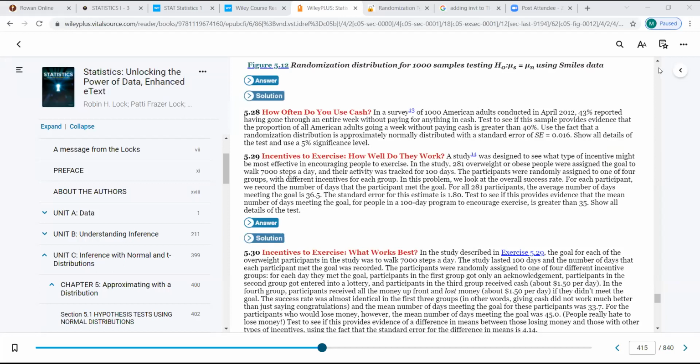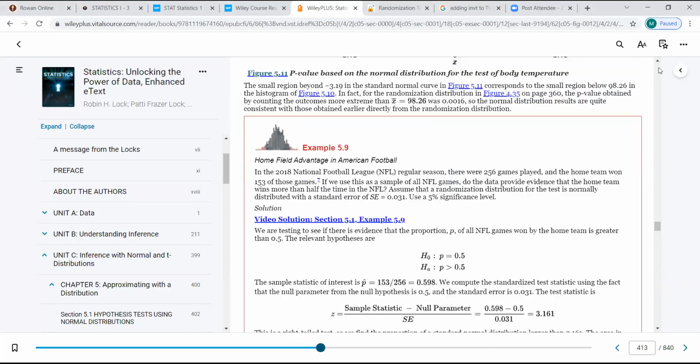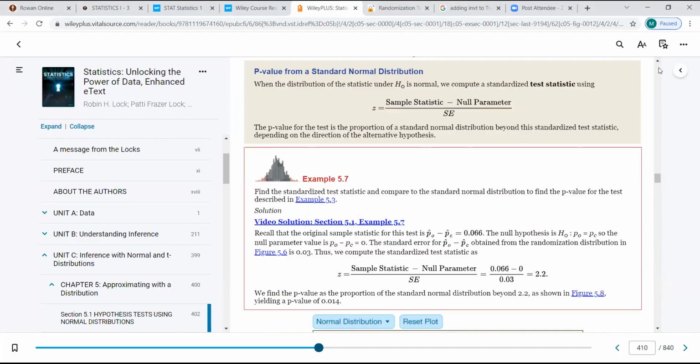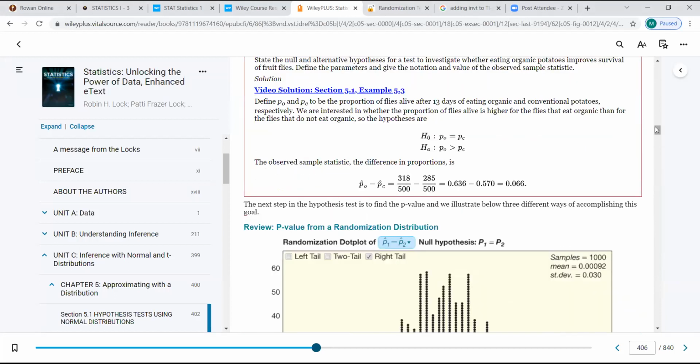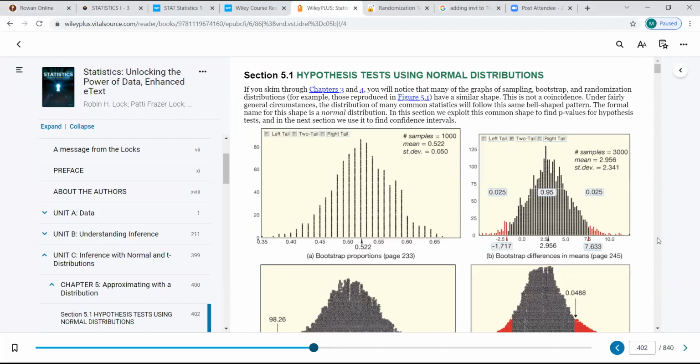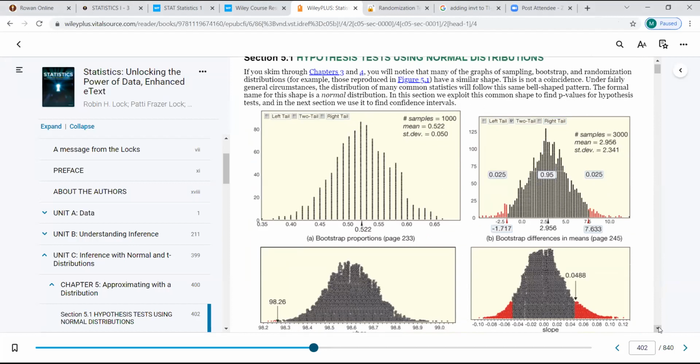All right, so let's scroll up to the beginning of this section, 5.1. Now, 5.1 has a review of the normal distribution at the beginning, which we've already covered, but it's a nice review. The whole idea here is that when we're using StatKey to do these randomization hypothesis tests, many of the graphs look like a normal curve.